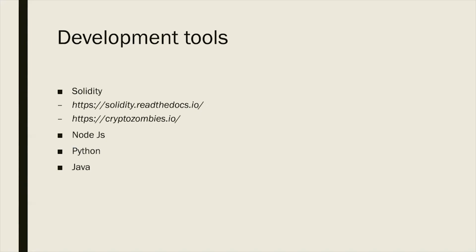Besides Solidity, to give your DApp a good backend and talk with the web to make a good web page, you can probably use Node.js, Python, and Java. For Node.js and Python, we have the Chain3 libraries available for users. Java is still under development but will be available soon.